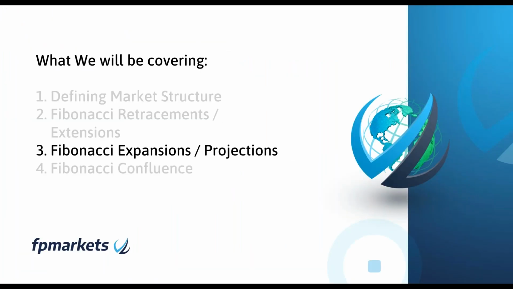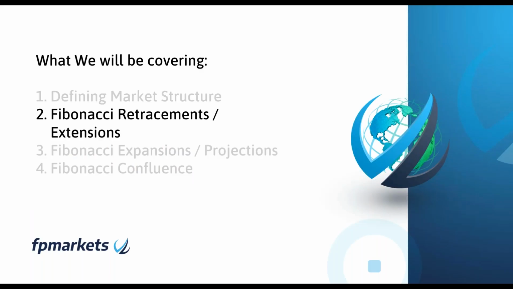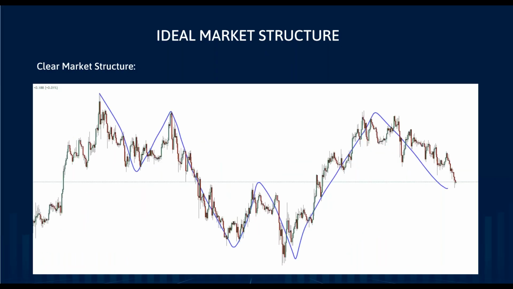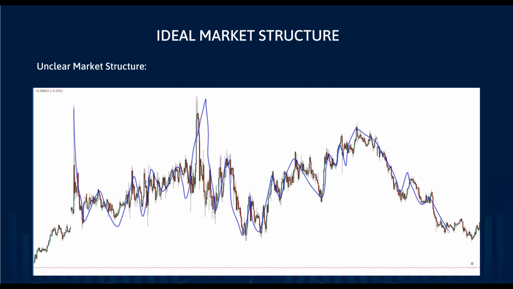Any time frame, the Fibonacci drawings can be used as long as there is a clear market structure. If it's an unclear market structure, even if you're on a monthly, you will not be able to use Fibonacci drawing optimally. I hope that answers your question.